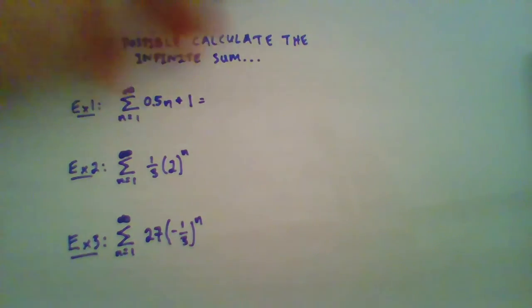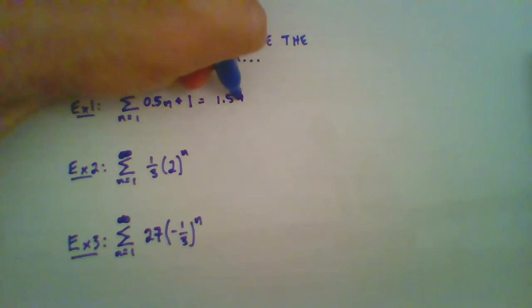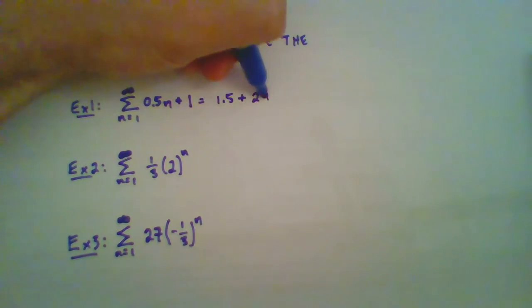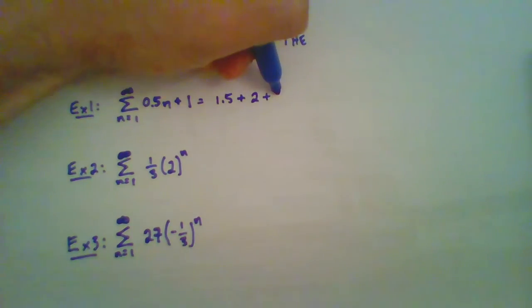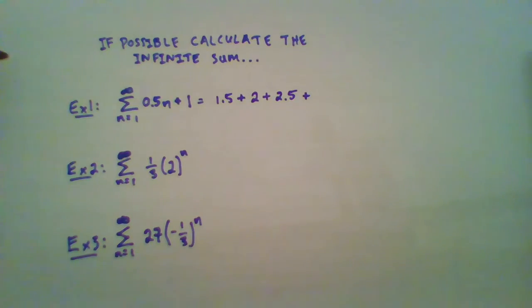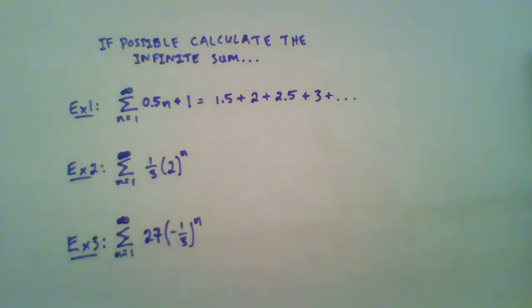If n is equal to 1, we get 1.5. If n is equal to 2, we get 2. If n is equal to 3, we get 2.5. If n is equal to 4, we get 3, and so on.